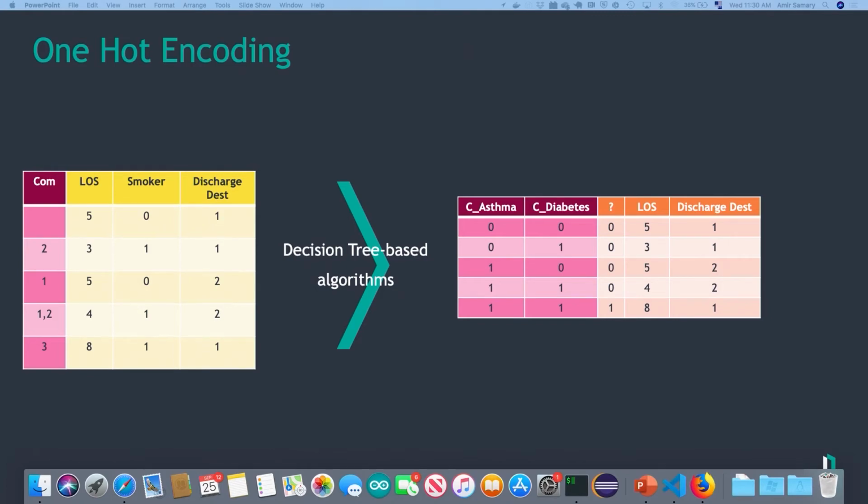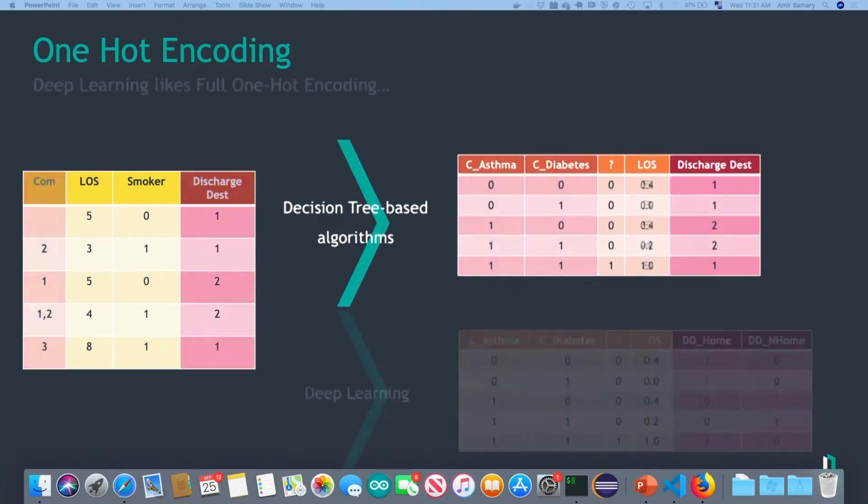If I have 20 comorbidities, I will have 20 columns that will just say this patient has this or has not. And that's how the model likes the data. Okay, so you need to apply that. But you can't apply one-hot encoding to everything. Depending on what you're doing, you apply one-hot encoding to some of the columns and not to others.